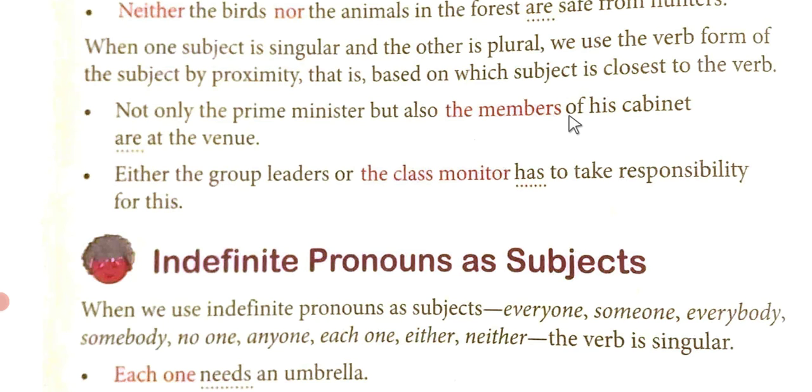The members are closest to the verb, so we give priority to the members, not to the Prime Minister, who is a singular person. The members are plural, so the verb used here is plural, "are".